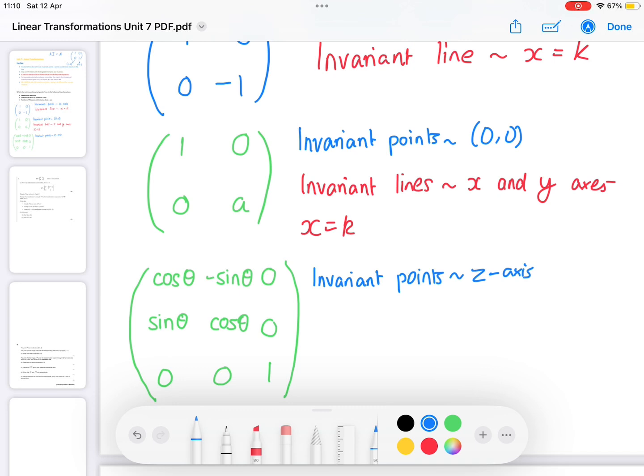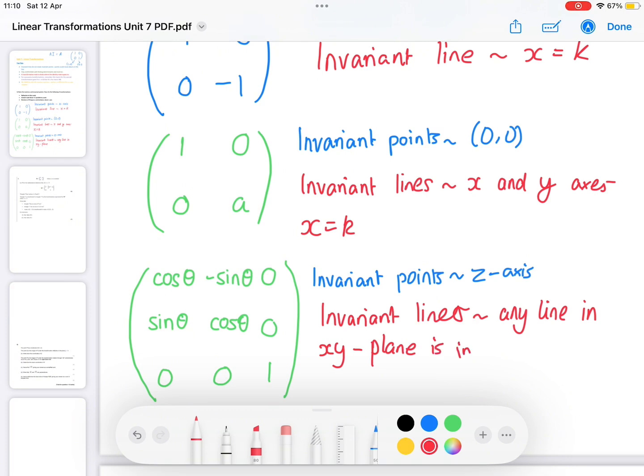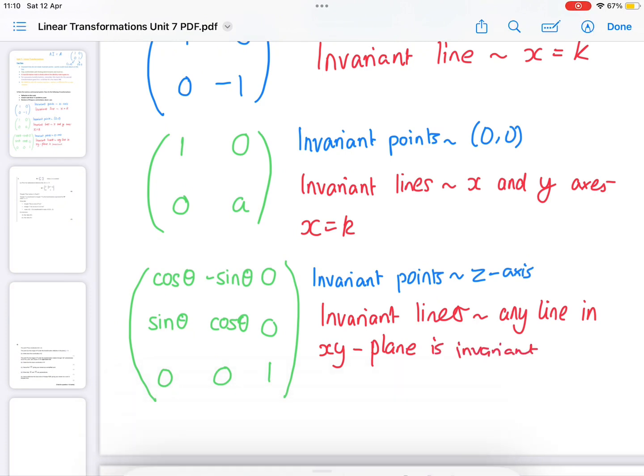And invariant lines are, we have any line in the xy plane is going to be invariant if it's parallel to the z-axis.